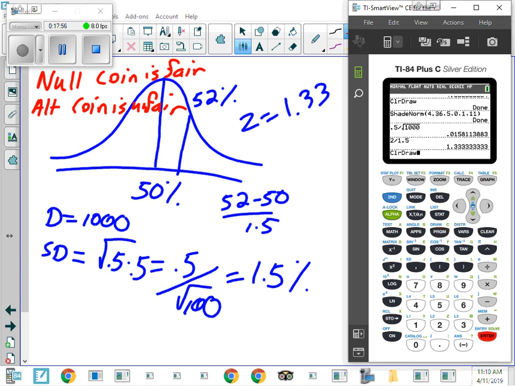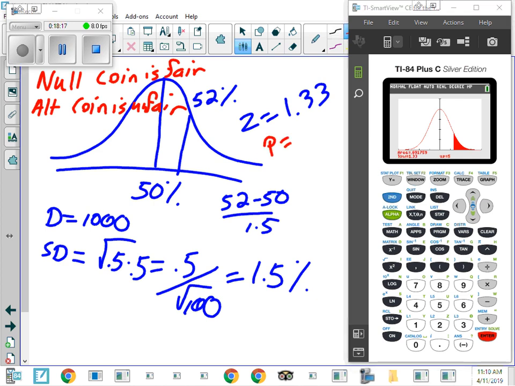So clear draws, and then I will shade norm from 1.33 to 5. And we end up with a p-value that's quite large. My p-value is 0.091, which is bigger than 5%.